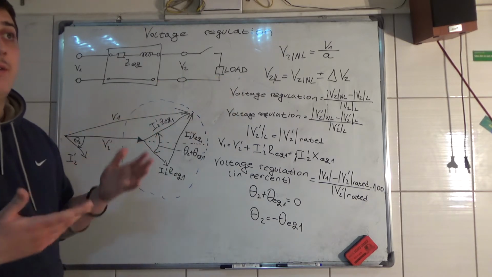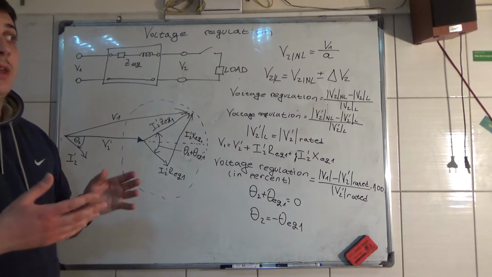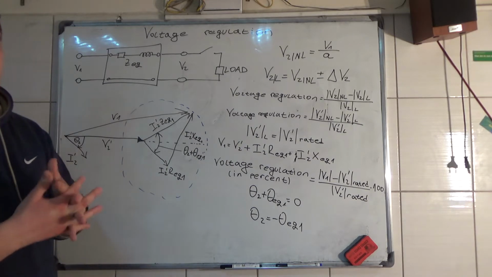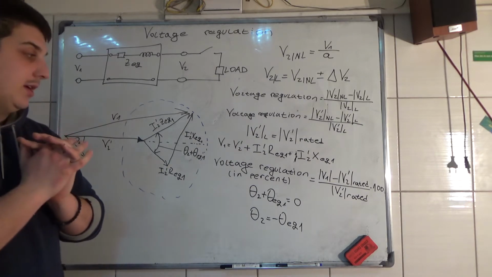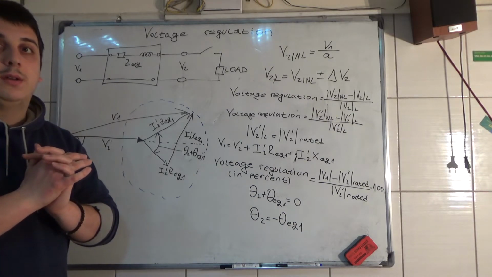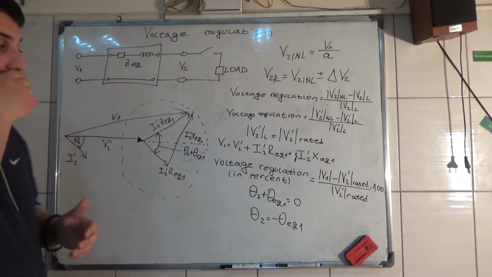Even wires have some inductance in AC, and capacitance with the ground. So I think it's virtually impossible to get that equal to 0.